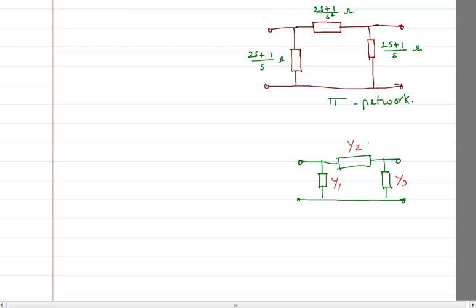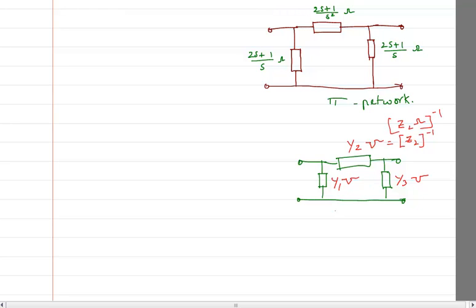When I say y2, this is y2 mho, this is also y2 mho, and this is y1 mho. That means y2 is whatever the impedance is, the inverse of that. So suppose the impedance was Z2, in ohms; if I take the inverse of that, I will get y2 in mho.